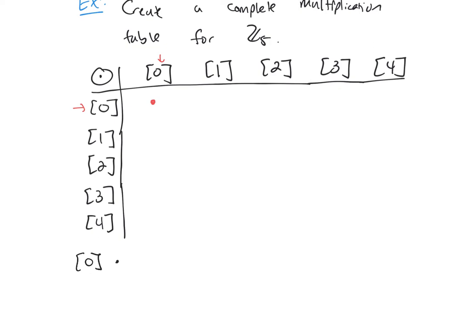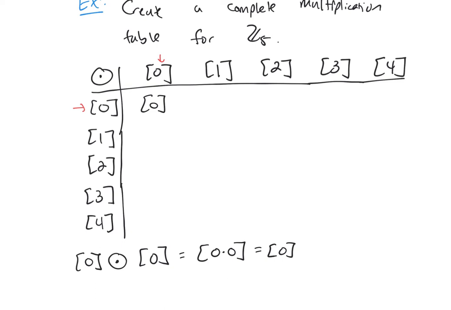Equivalence class of 0 times 0. You combine them together, and you get 0. So in that first spot, I'm going to put a 0. Congruence class of 0. Okay, and then we're going to go down the first column.